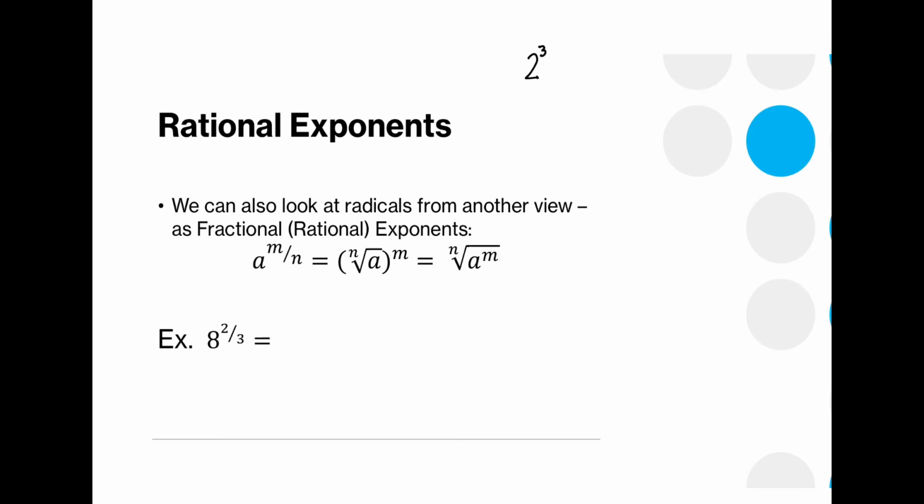Whenever we had a number that's raised to a power and then we raised it to another power, for example, if I take 2 cubed and I square that, that will give me 2 to the 6th, because 2 to the third squared is 2 to the third times itself. So that tells me I have 6 cubes there. So in other words, we multiply m times n.